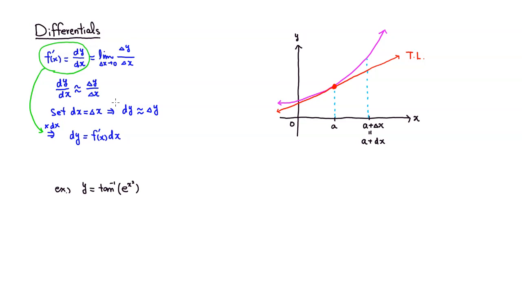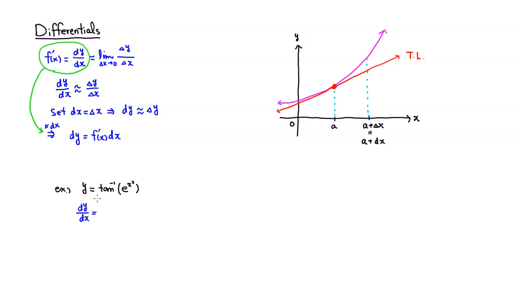All right, so let's do a concrete example. Let's say you have a function y equals arctangent of e to the x squared, and we want to find dy. We can simply take the derivative, so you have dy over dx.